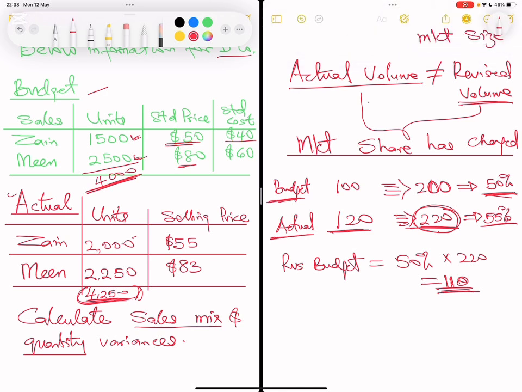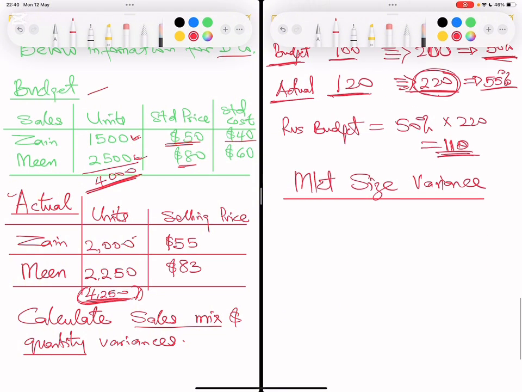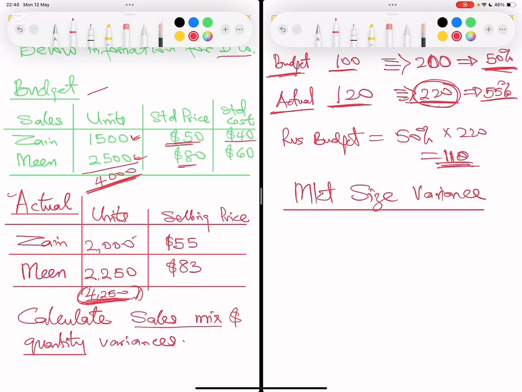I'm going to use a question to also explain it. That's for the market share variance. But remember, there can also be a market size variance that we need to understand, which might also be responsible for the difference between actual volume sold and the planned volume.